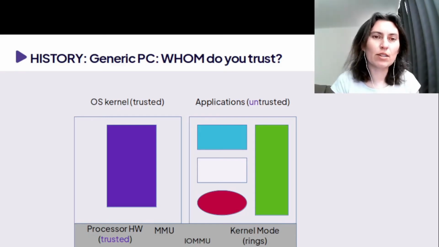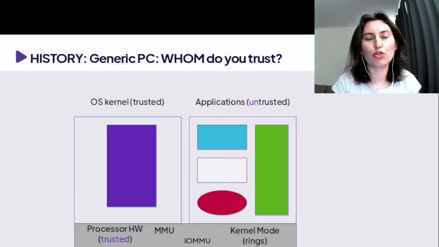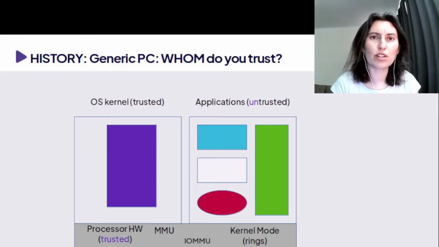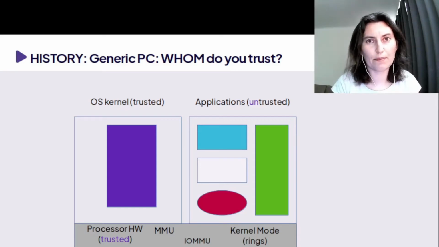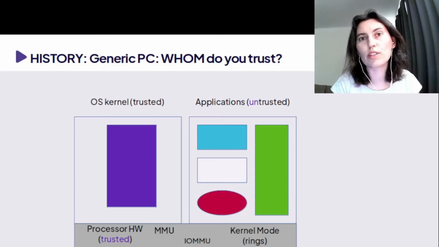The processor itself is something that you trust to separate the operating system from the applications, and to separate applications one from each other. The processor has a few hardware elements to perform that work, like the memory management unit, MMU, or the kernel links.